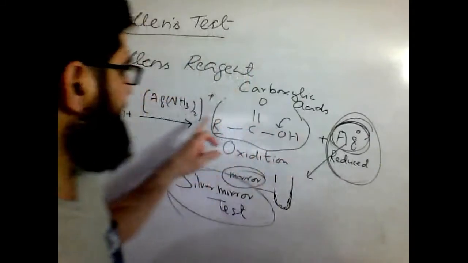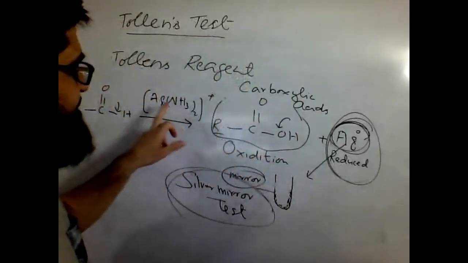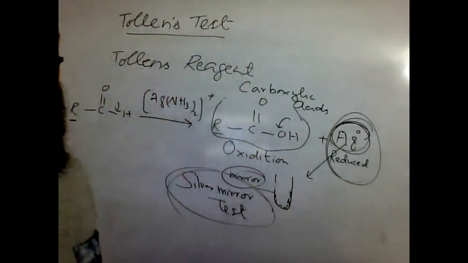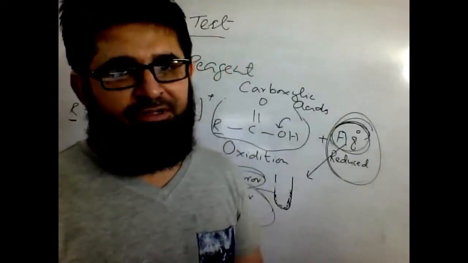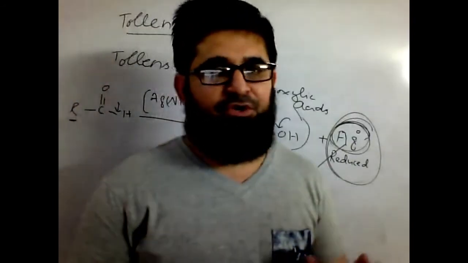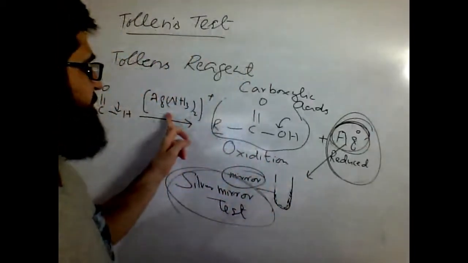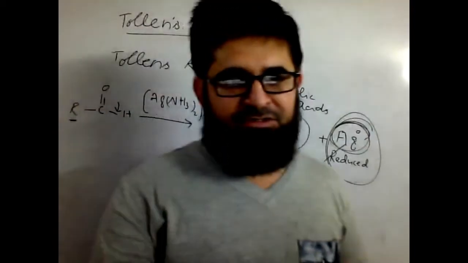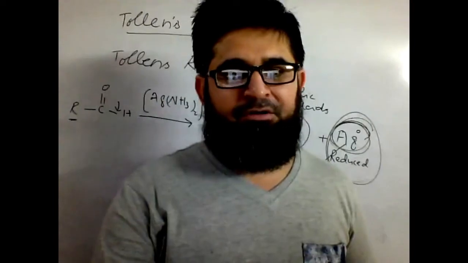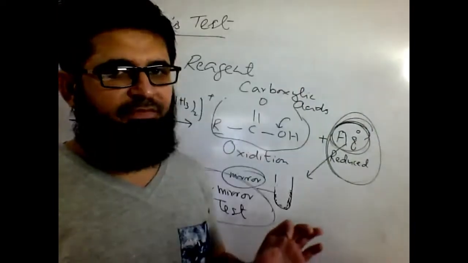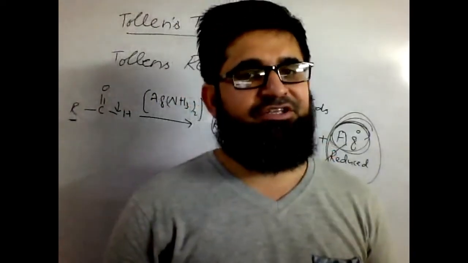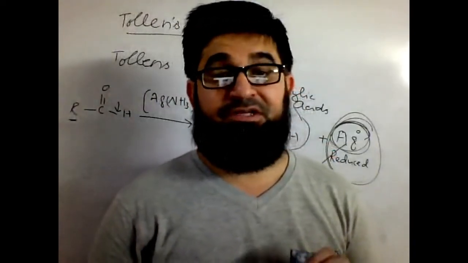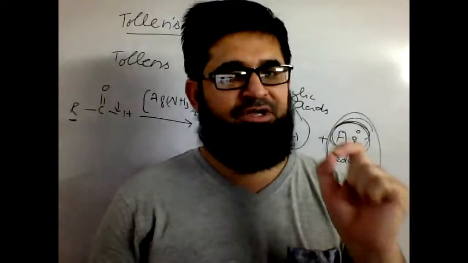The ammoniated silver nitrate has the capacity to oxidize only aldehydes because it's a weak oxidizing agent. Because it's not a strong oxidizing agent, that's why it cannot oxidize ketones. It can oxidize an aldehyde.